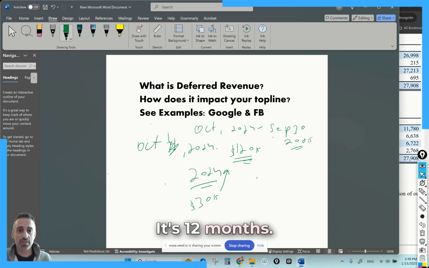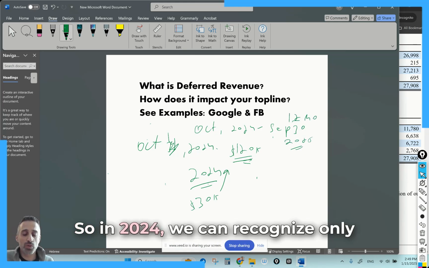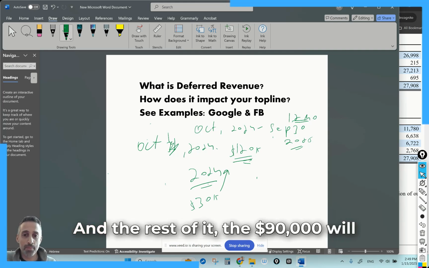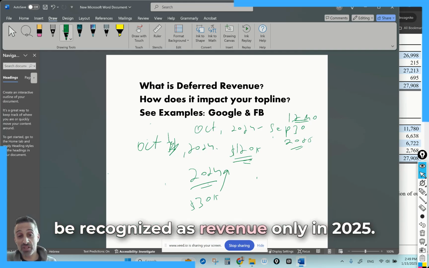It's 12 months. So in 2024, we can recognize only 3 months out of the 12, and the rest of it, the $90,000, will be recognized as revenue only in 2025.